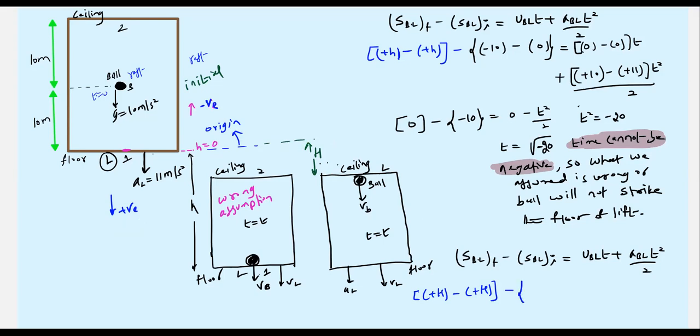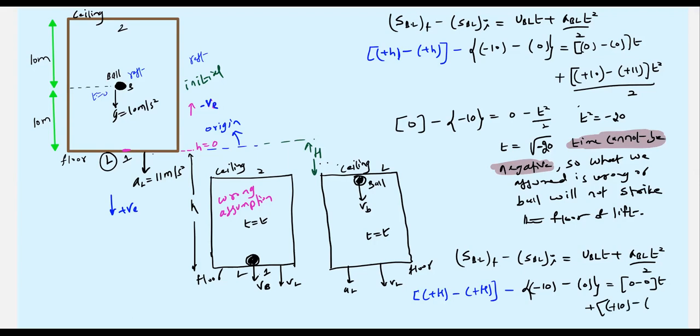Then look at the ball. What is the initial position of the ball? It will be minus 10, 0, t plus the acceleration of the ball, plus 10 downward.